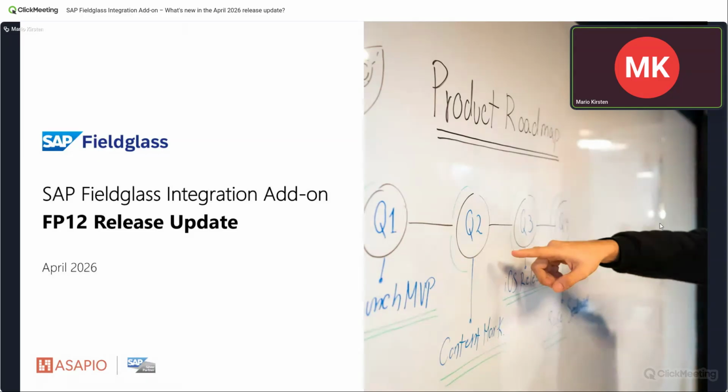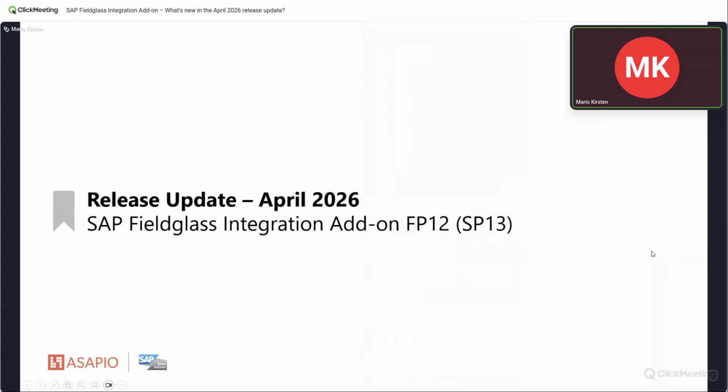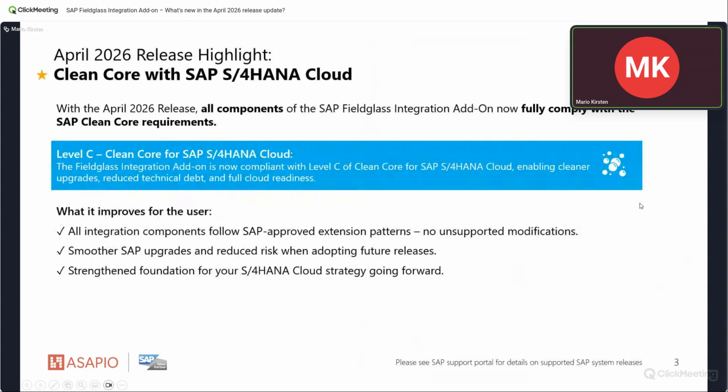Good. Then let's start with some release updates from our Feature Pack 12 of the SAP Fieldglass Integration Add-on. The first thing I would like to highlight is clean core. Clean core with SAP S/4HANA Cloud is a big topic everywhere for SAP itself, and of course for every customer.